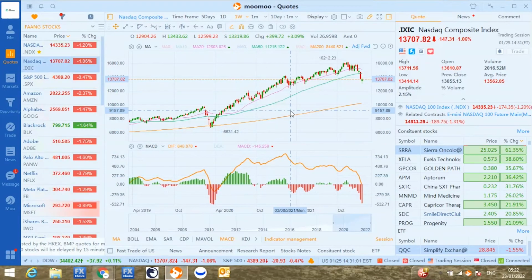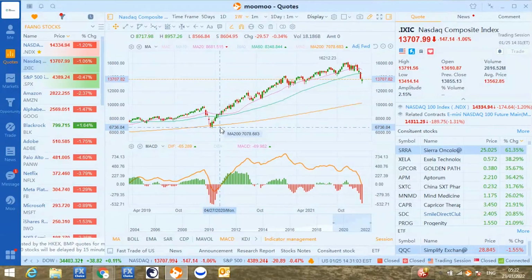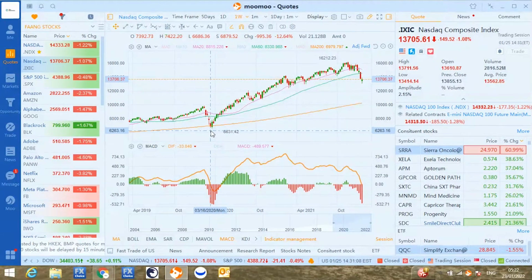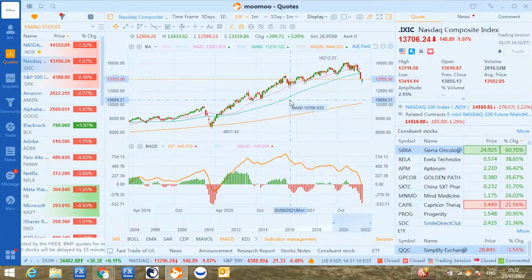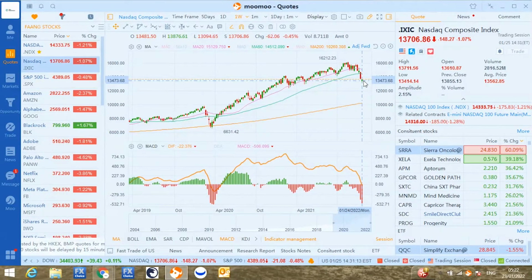So we are looking at the NASDAQ chart on a weekly chart. Fantastic. That is very beautiful. Now, see where we are. The NASDAQ was in red earlier, still in red. It went down as low as 13,052.